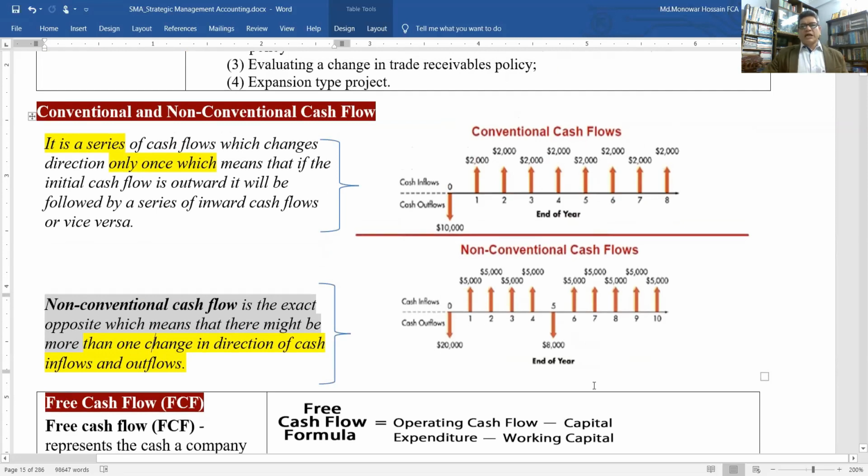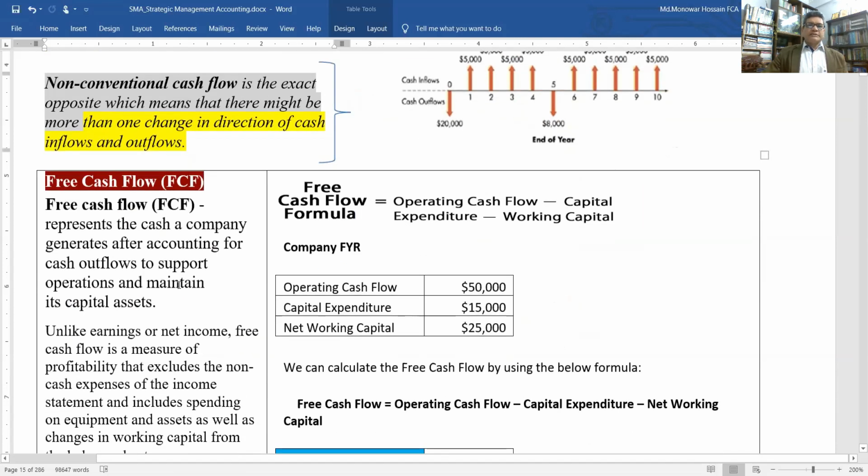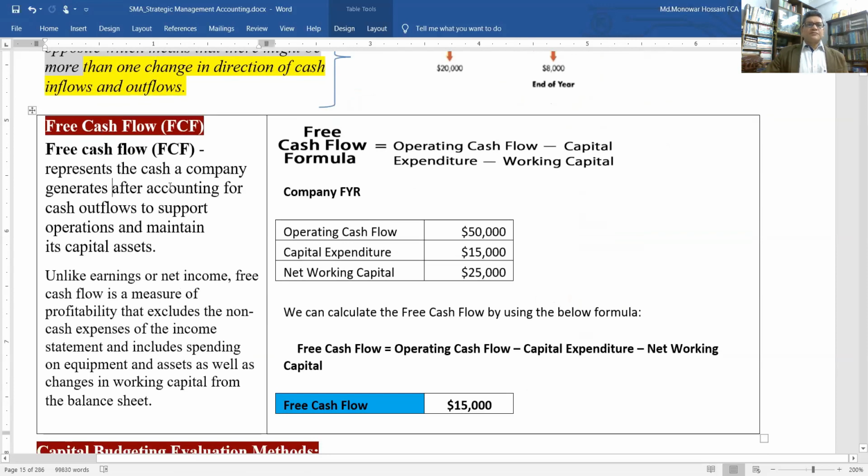Here, cash outflow occurs 2 times: in the initial year and another within the life of the project. So directly we can say that if the outflow is just one time within the project, that is conventional, and if the outflow is more than one, then it is non-conventional cash flow. Is that clear?